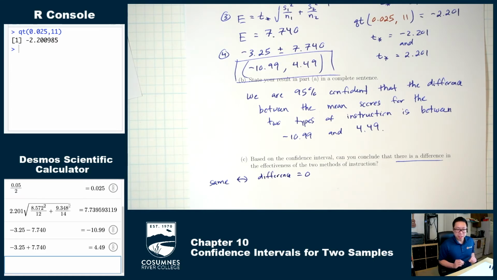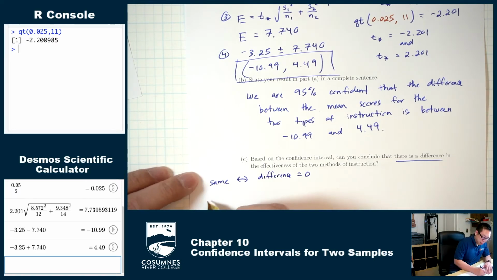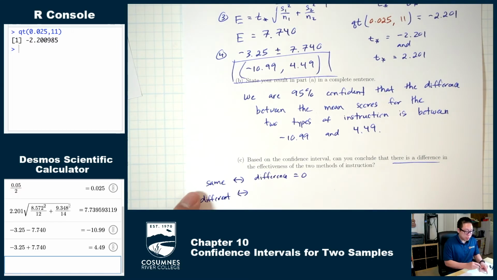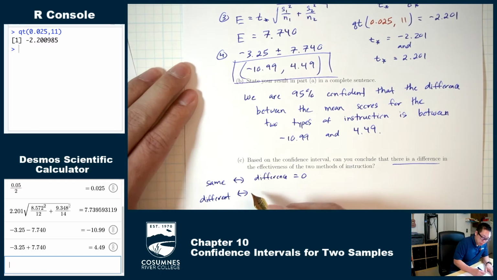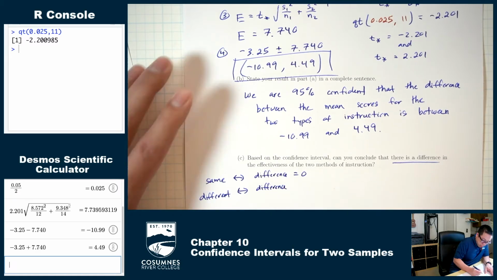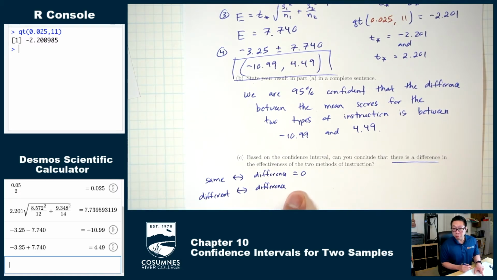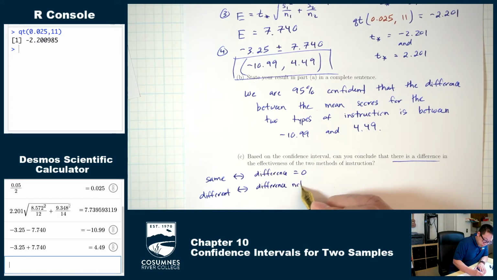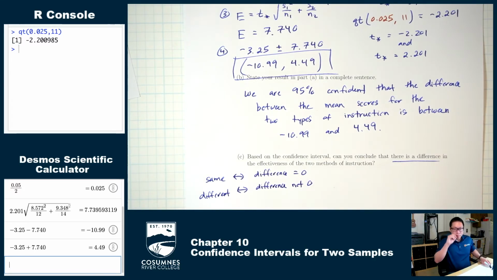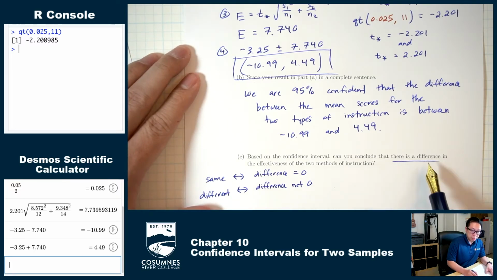Okay? Now, what does being different mean? So different, if being the same means that the difference is zero, then being different means that the difference is not zero. Now, basically what this question is asking is, can you conclude that there is a difference?